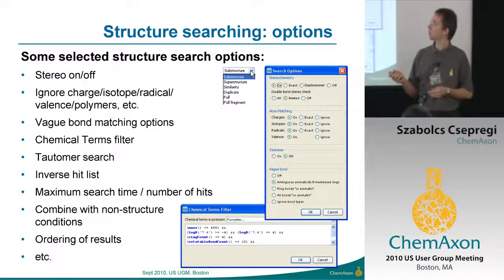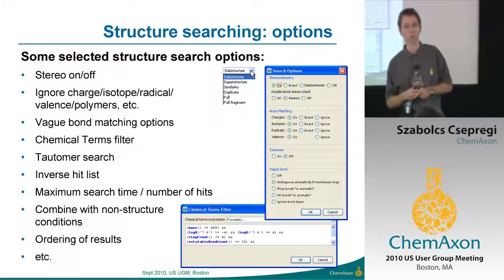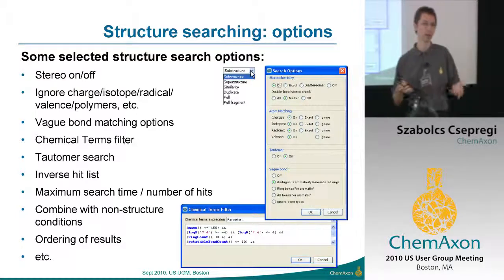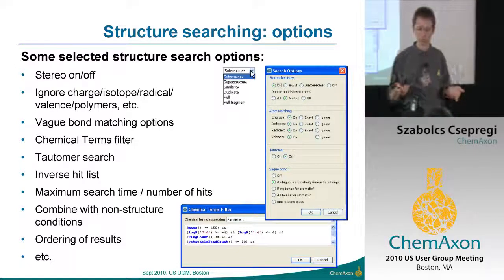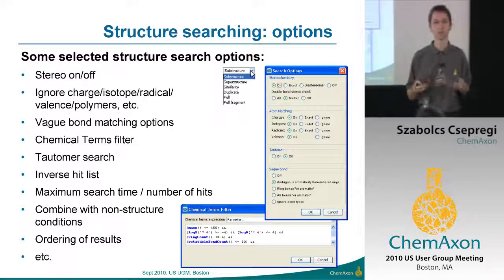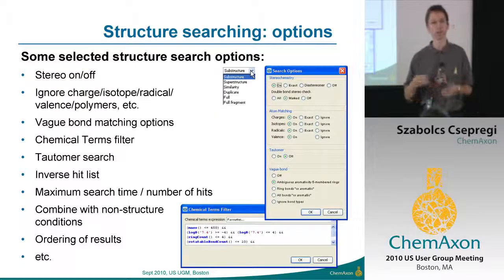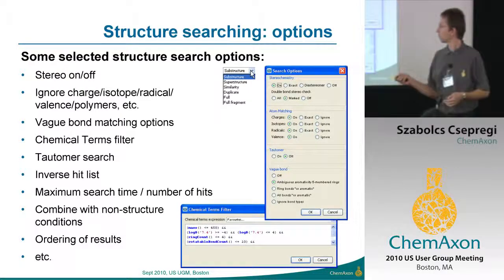We also provide a unique chemical terms filter. Chemical terms is a language designed by ChemAxon, and it can be used to express chemical expressions. The expressions can refer to our property calculations, for example, molecular weight, log P, log D, pKa, and so on.